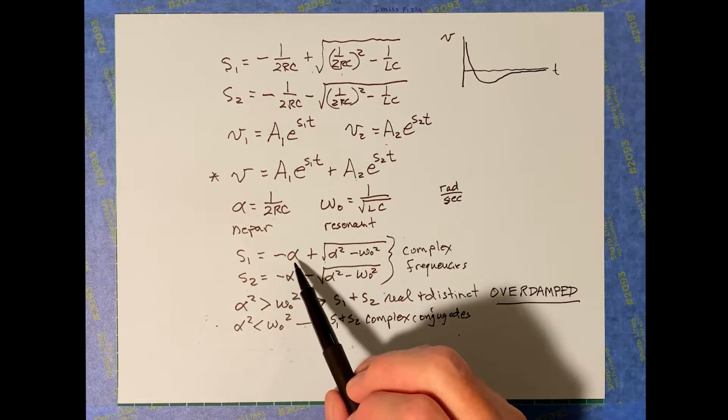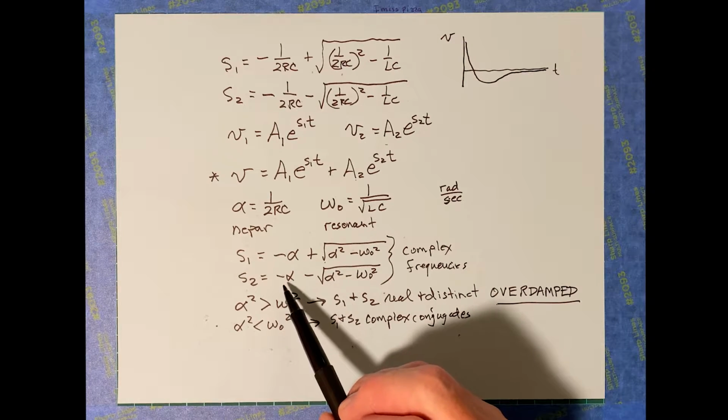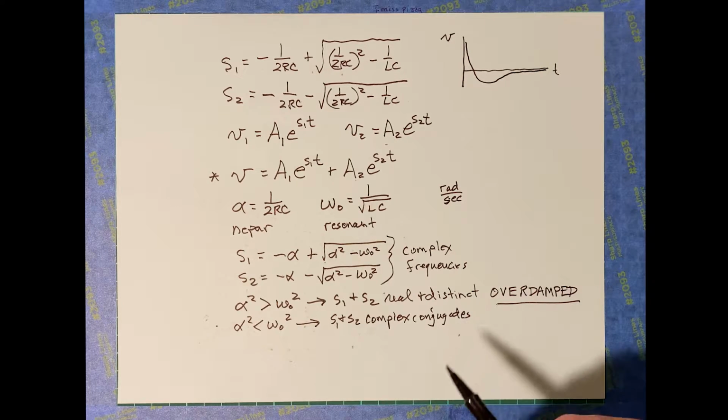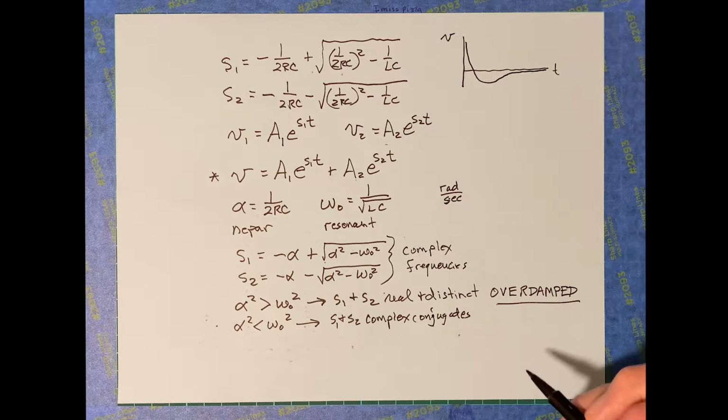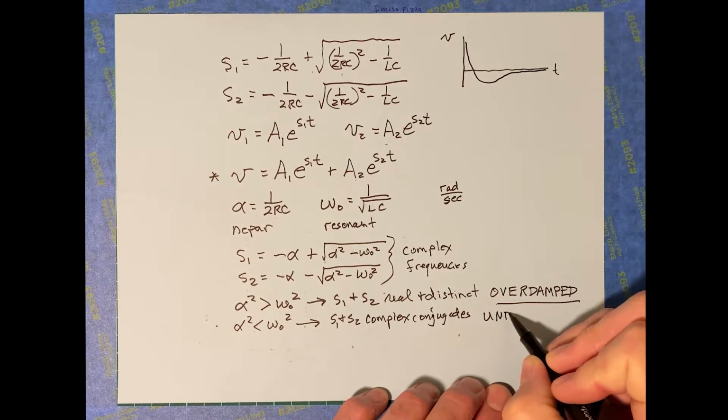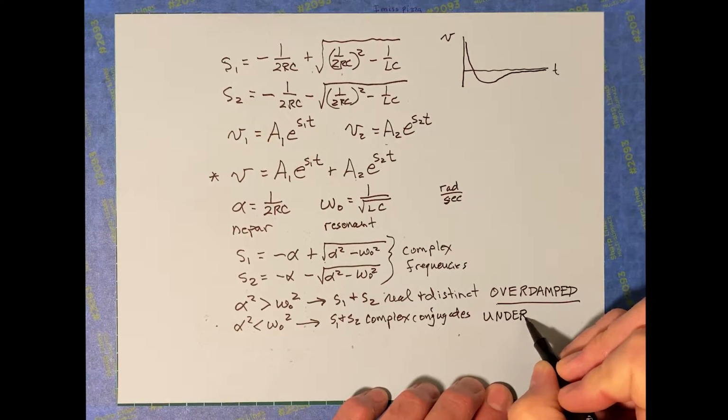So you're going to have an alpha plus the imaginary part and alpha minus the imaginary part, so you can see they're going to be complex conjugates of each other. This case is called the underdamped.